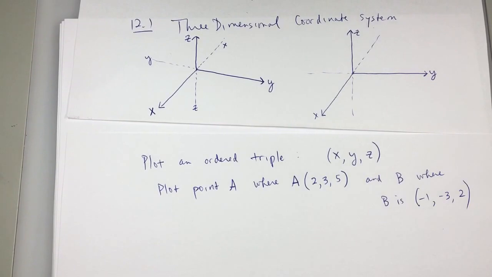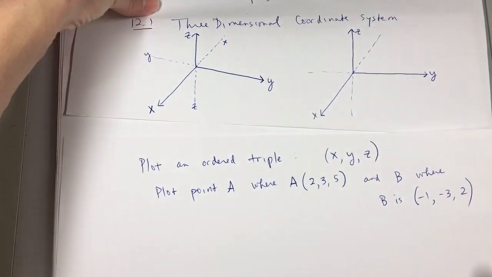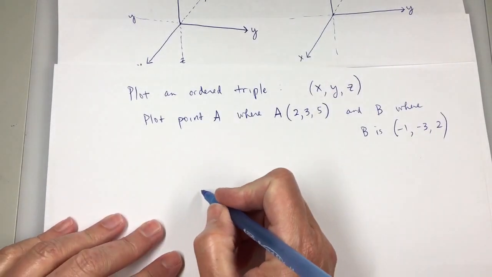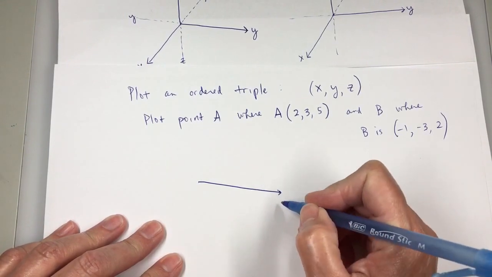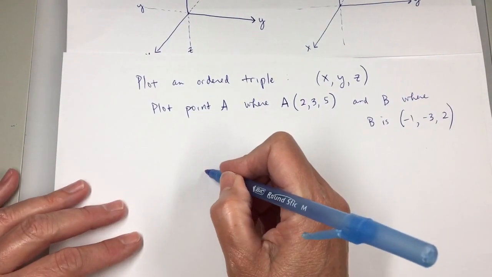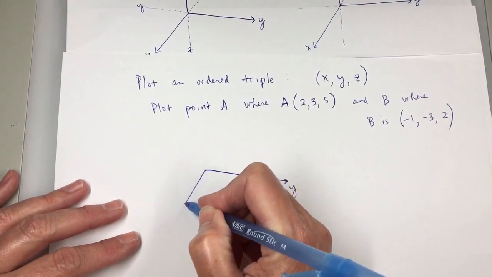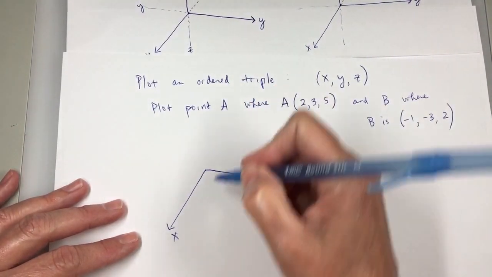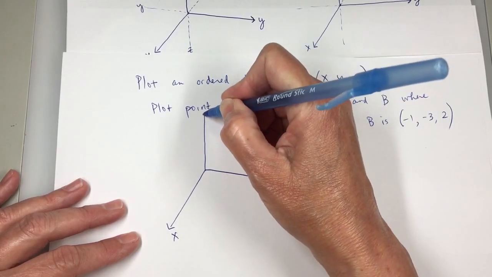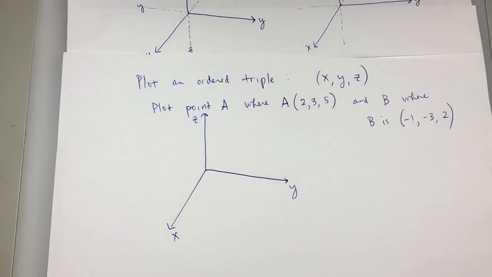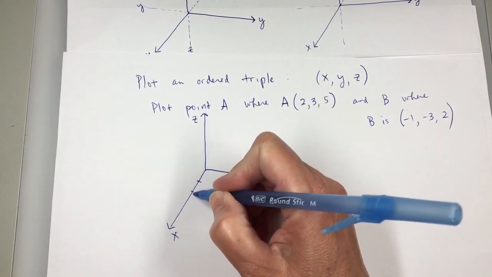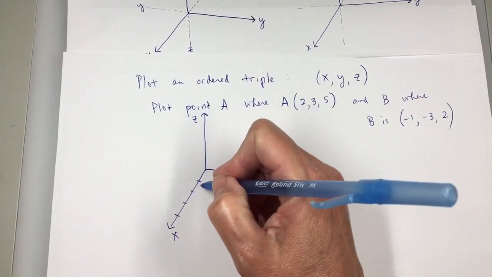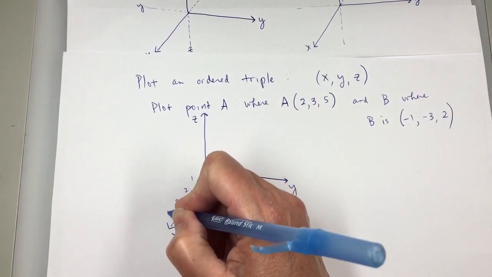So I will draw my axes in here, and I'm going to put the y-axis slanted on my paper. See, the problem is you're trying to draw 3 dimensions on a flat piece of paper. So here are my positive axes, and I will mark off 1, 2, 3, 4 on the x-axis.